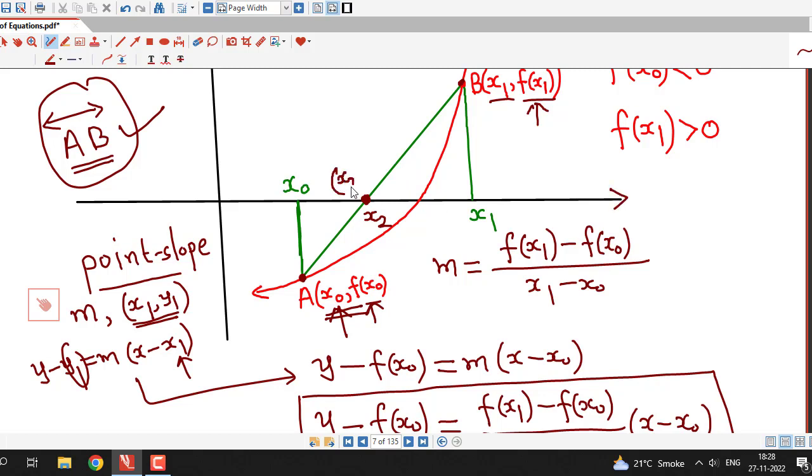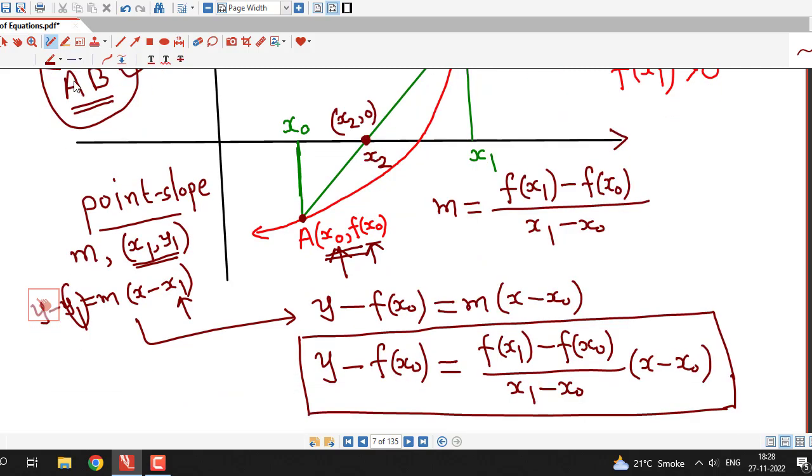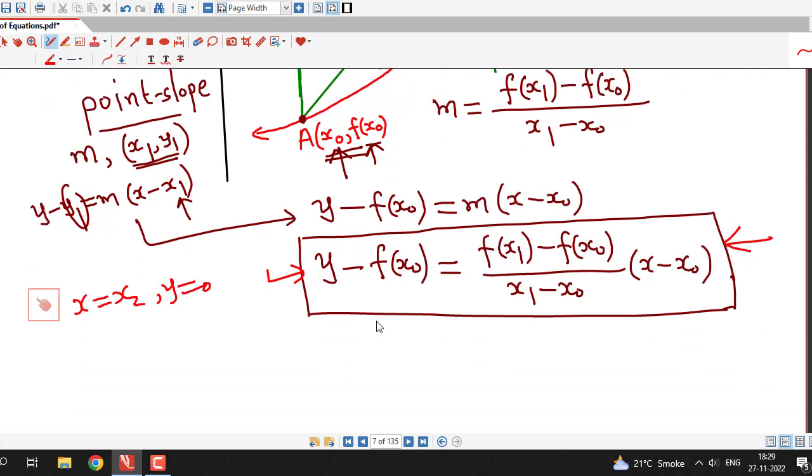the components of this point are x2 comma 0. That means we can put x equal to x2 and y equal to 0 in this line, because this point x2 comma 0 is on this line, therefore it will satisfy the equation of this line.